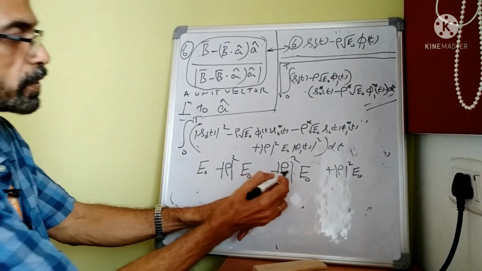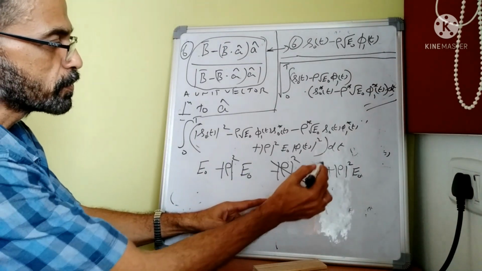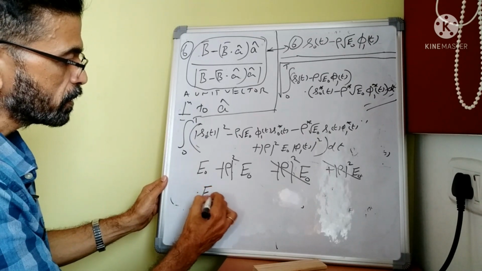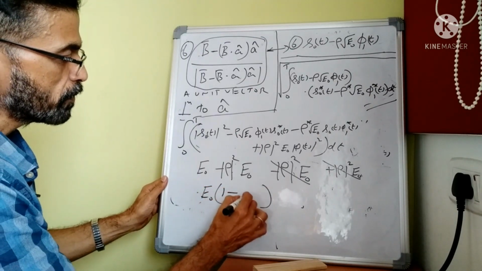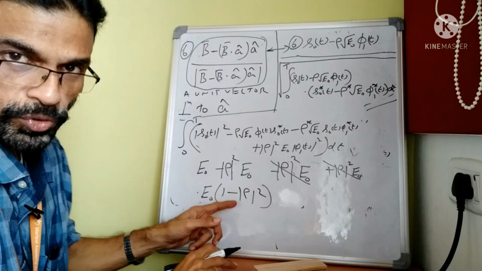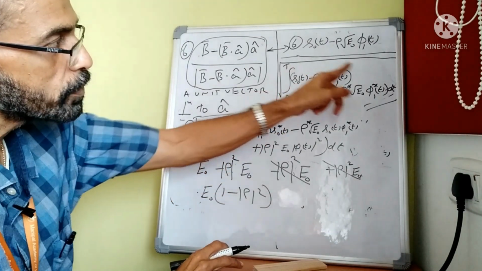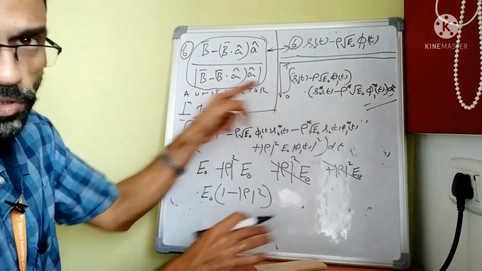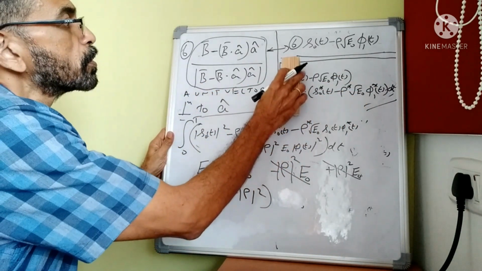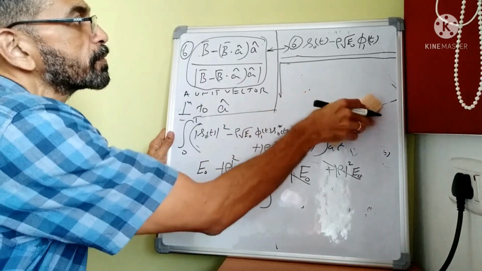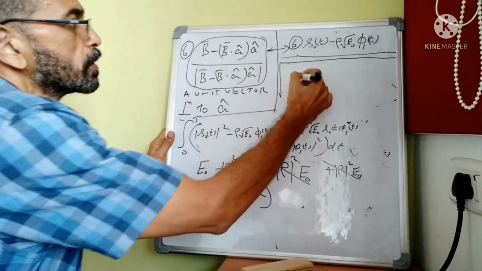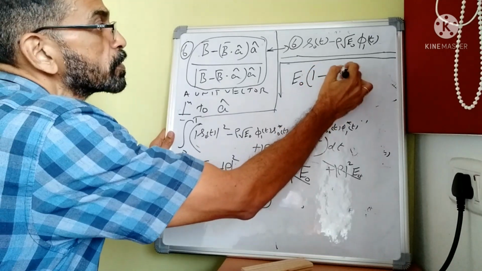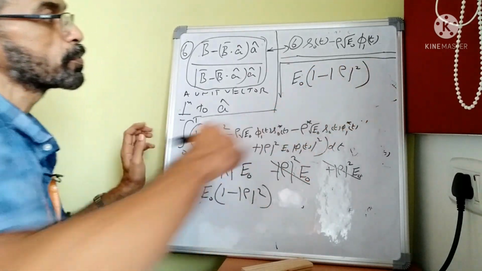You can easily see that this is going to get cancelled, and our result will be E naught times 1 minus magnitude rho squared, and that comes under the square root here, because what I have done is what is inside the square root. So the result will be the square root of E naught times 1 minus magnitude rho squared.